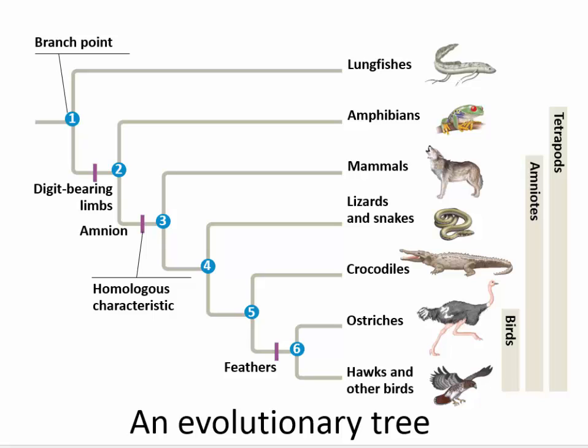Then you look at who has these things. Digit-bearing limbs would be amphibians, mammals, lizards, crocodiles, ostriches, hawks. So that's how you would read a tree. Those are all tetrapods. And because they have an amnion, they're also amniotes.